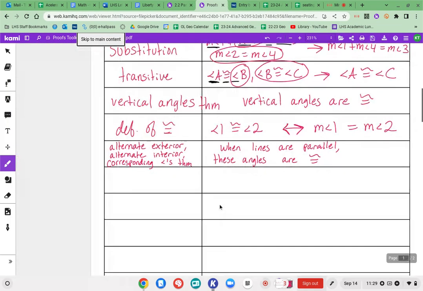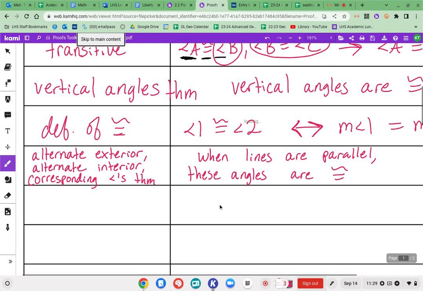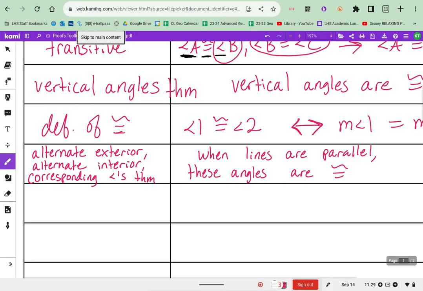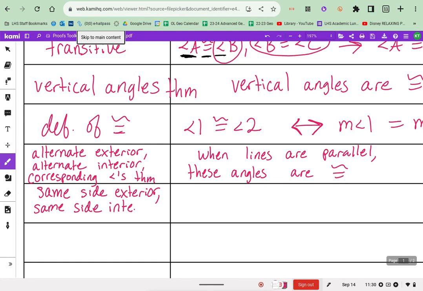We are going to add all of the supplementary theorems. All right, so we are going to add same side exterior and same side interior angle theorems.